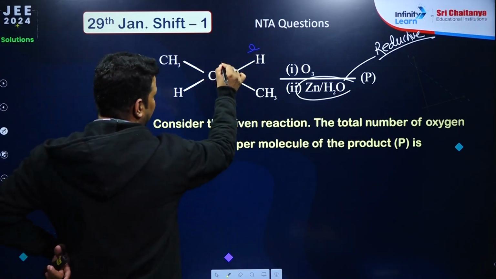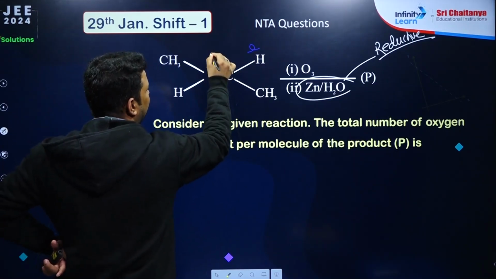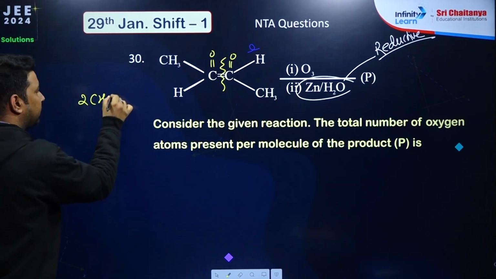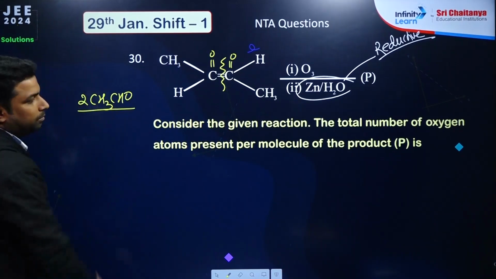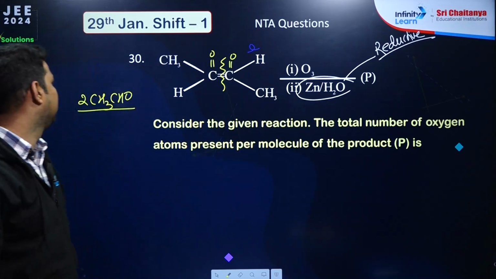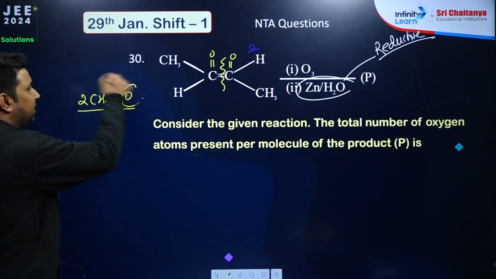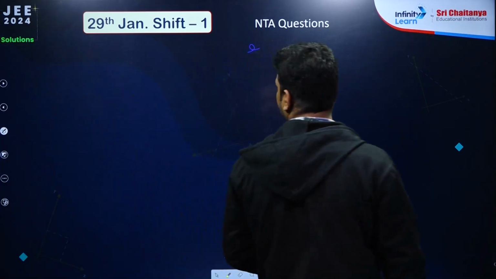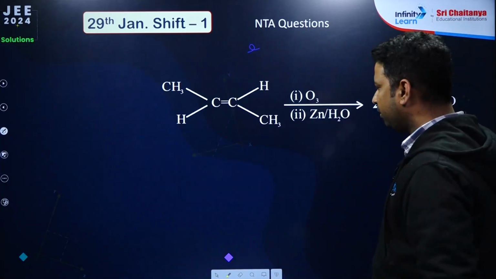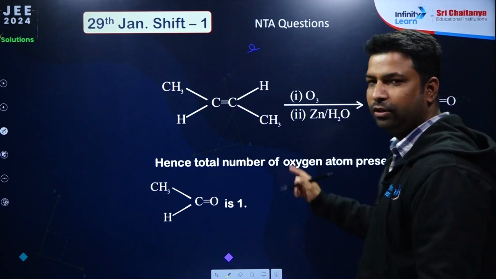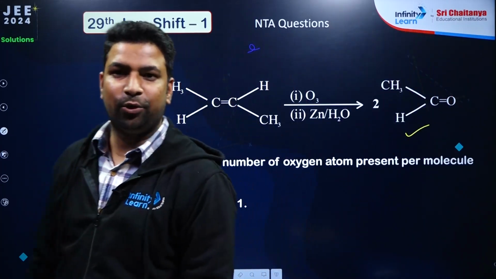Just break the double bond and complete the valency by double bond O. So 2 moles of CH3CHO will form. The total number of oxygen atoms present per molecule. So one molecule contains one oxygen only. So the answer will be 1. And this is your solution. So this contains 1 oxygen. So this was the solution.